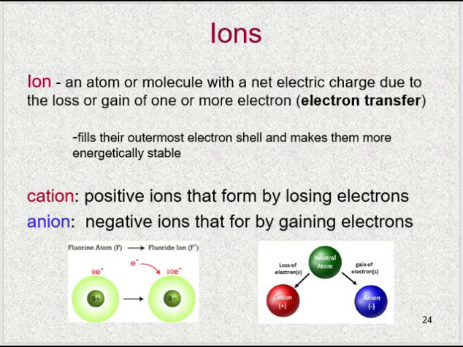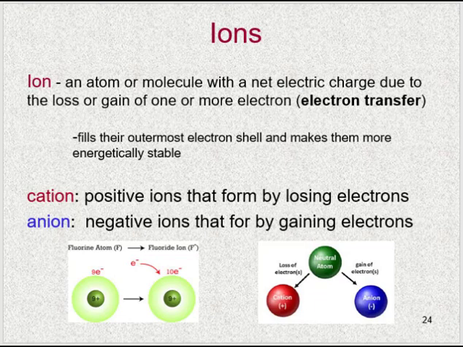Now, ions are atoms or molecules that have a net electric charge, either positive or negative, due to the loss or gain of one or more electrons. So a cation is something that loses an electron and thereby ends up more positive. So it's a positive ion.